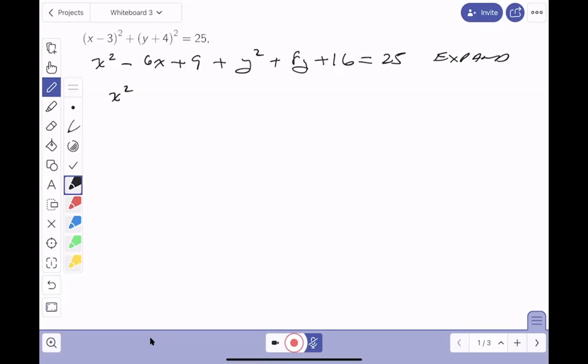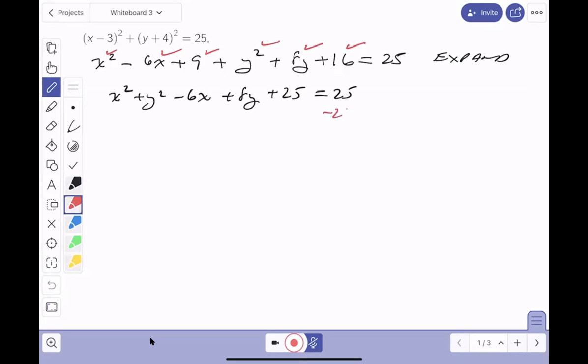X squared plus Y squared, let's keep going, minus 6X plus 8Y. Let's see, 9 and 16 is 25, equals 25.